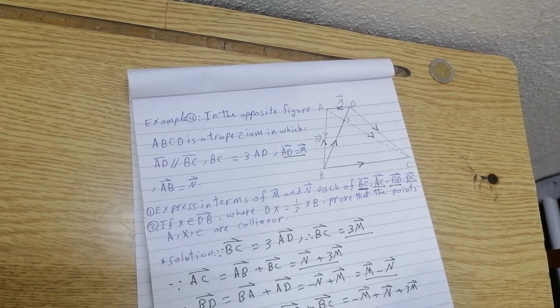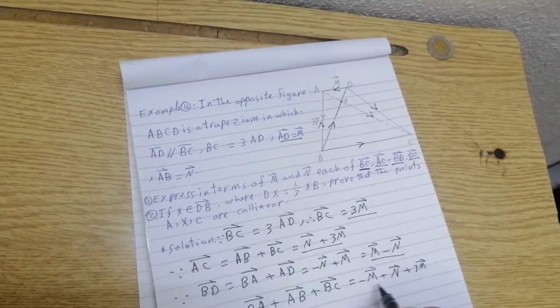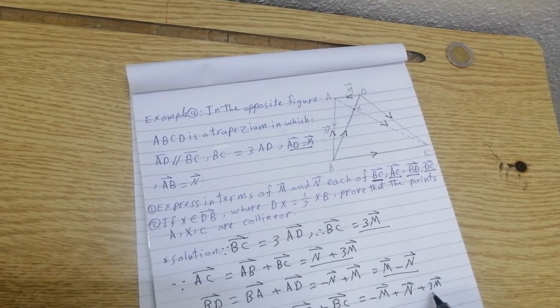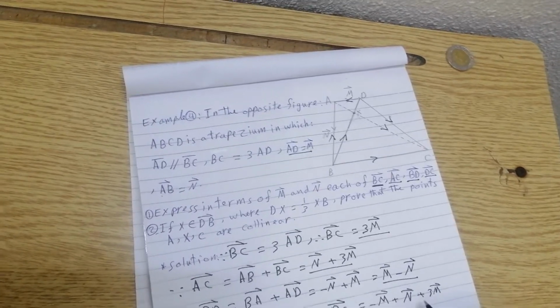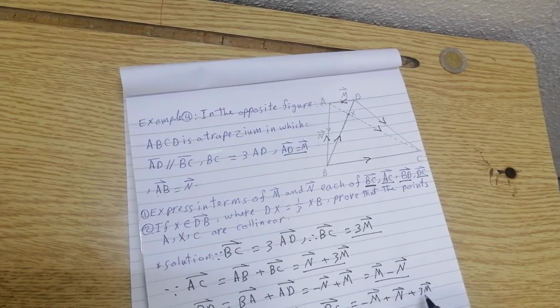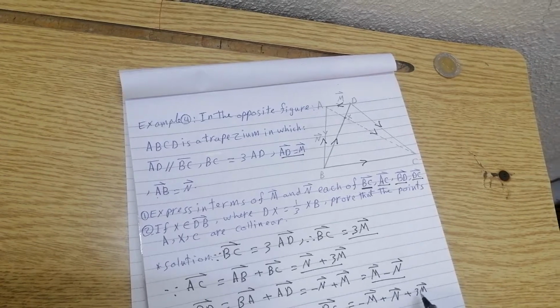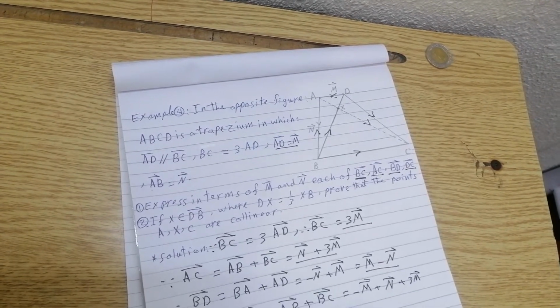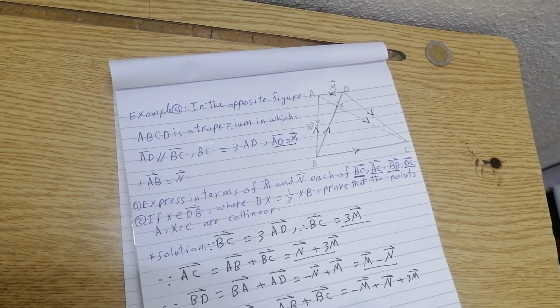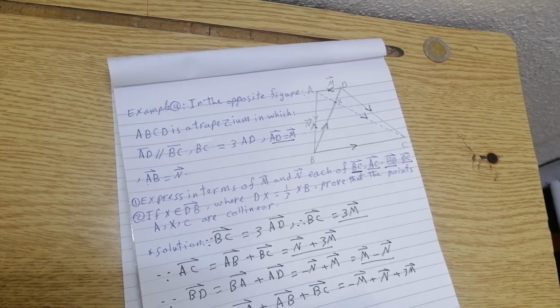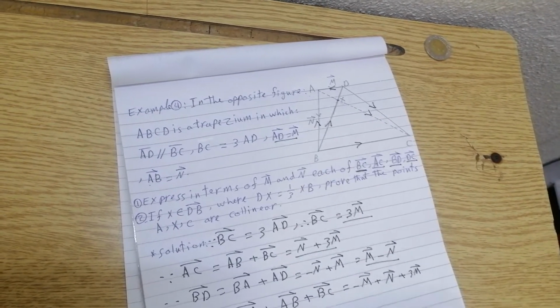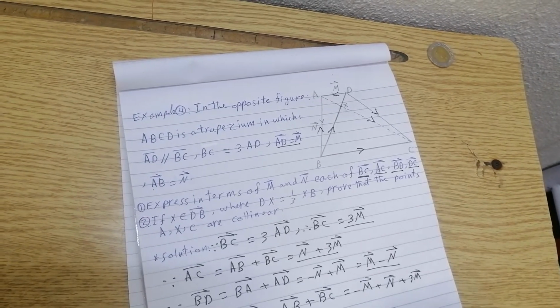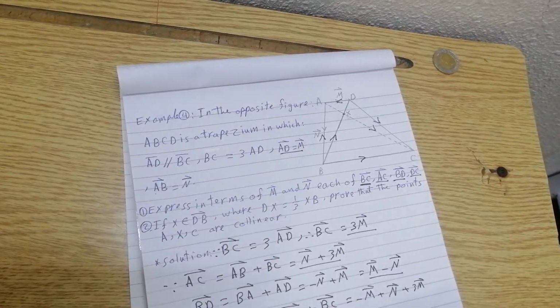We have two like terms, negative m vector and positive 3m vector, so we can simplify them to 2m vector. Then DC equals 2m vector plus n vector. And we have finally finished the first requirement.